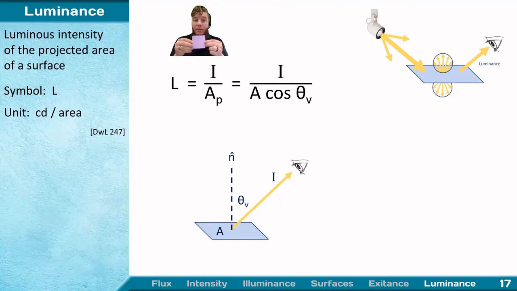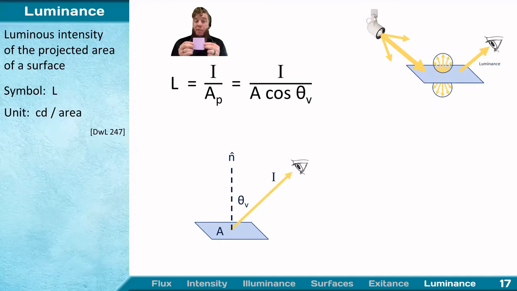Now, as I tilt those Post-it notes, what's happening to my projected area is it's actually decreasing, right? So if I tilt this to the side, we're going to have a decreased area from your point of view, right?